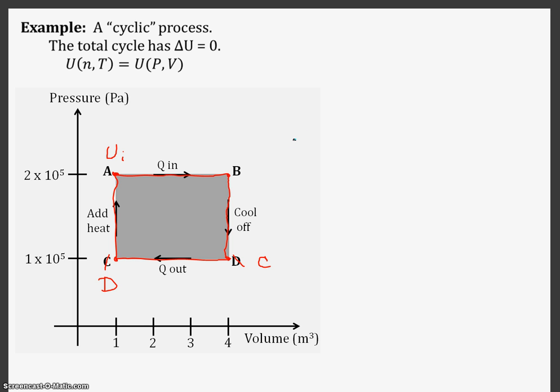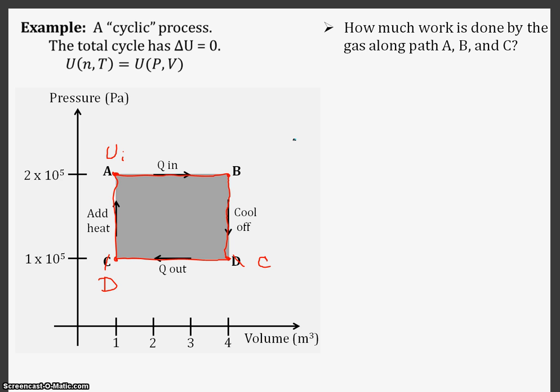So the first question is, how much work is done by the gas along path A, B, and C? Pause the recording here and try to figure this out. Hopefully you have realized that we're figuring out the work done by the gas, not on the gas, which is the positive integral of P dV, and since it's a constant pressure process, you just multiply P times delta V. So you're really just figuring out the area underneath the initial pressure, all the way to the bottom here.